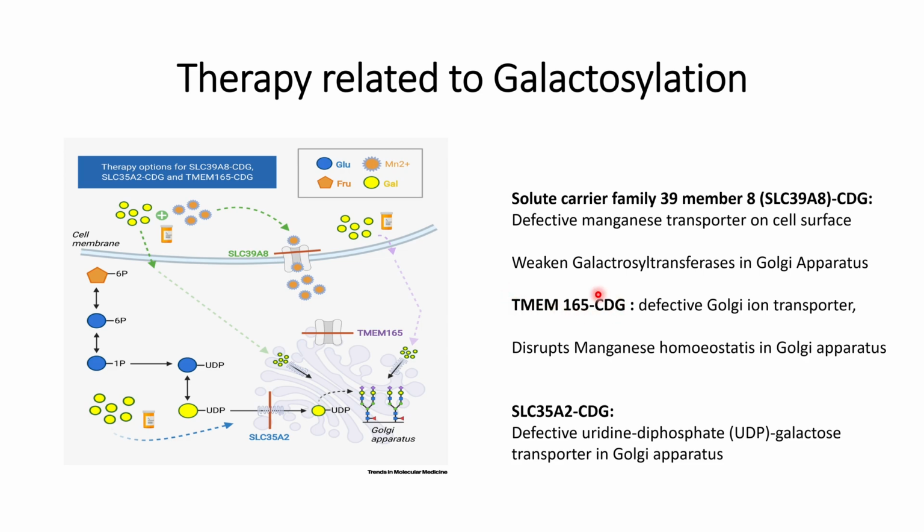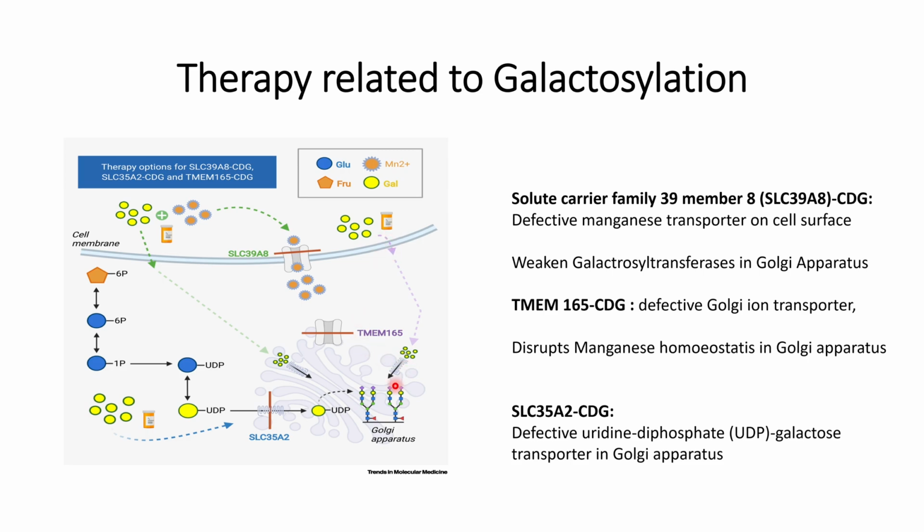The other CDG related to galactosylation is TMEM165 CDG. So what happens in this case? The Golgi ion transporter is defective. Because of that, it disrupts the manganese homeostasis within the Golgi apparatus.